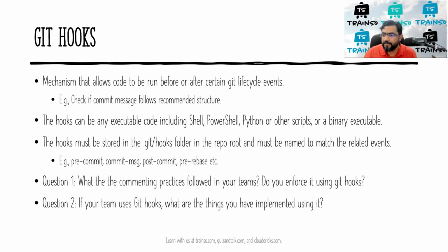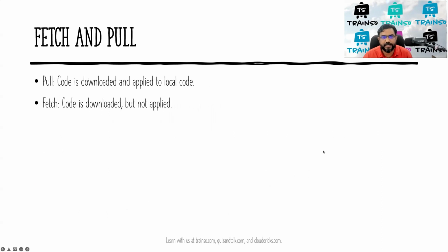But according to me, there is not enough time for any of us to learn from only our own experiences and only our own mistakes. So the community is your place to go for learning from others' experiences and others' mistakes. That is the beauty of a community like Cloudrix. Question 2: if your team uses Git hooks, what are the things that you have implemented using them? Something for people who are already using them to explore.